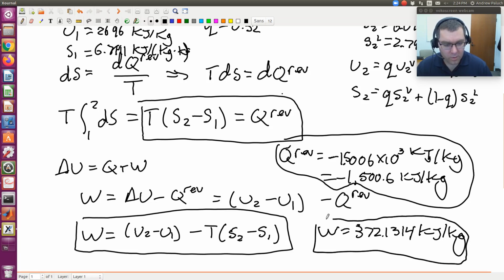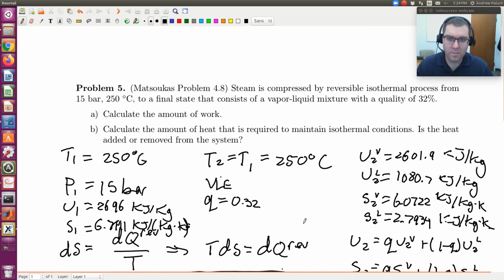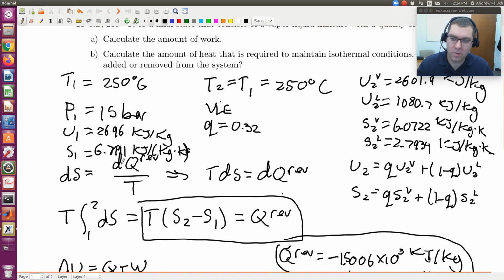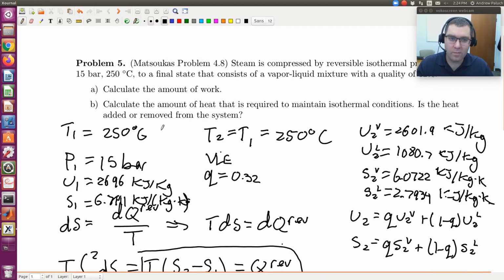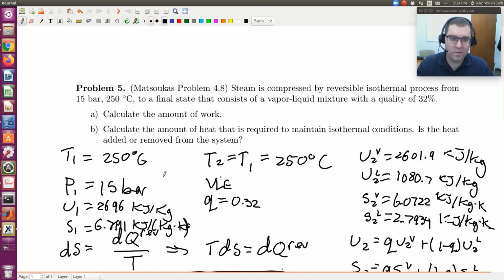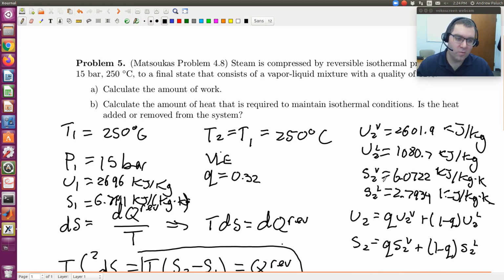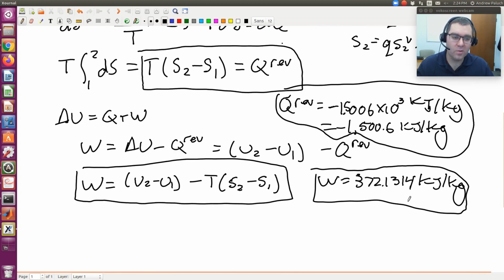All right, so now taking a look at the signs. Keep in mind what we have: a superheated vapor, and an isothermal process in which we compress it until it's a two-phase mixture. We see W is positive, so work is being done on our system.